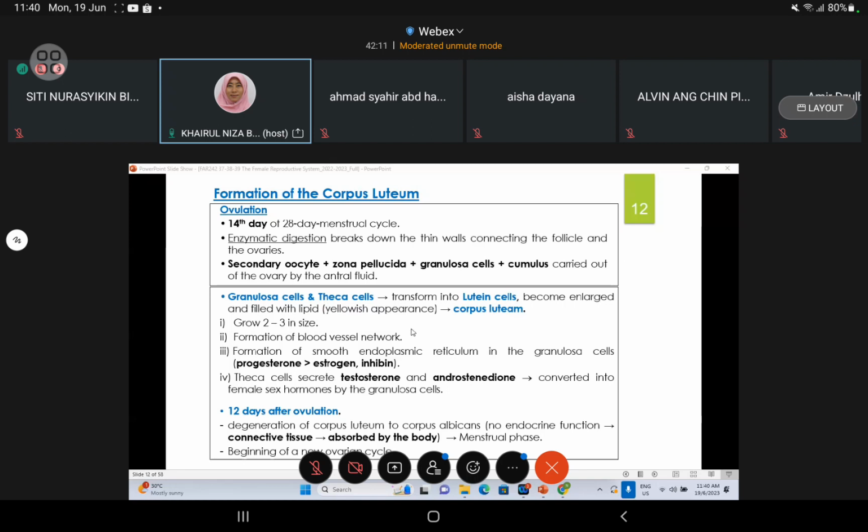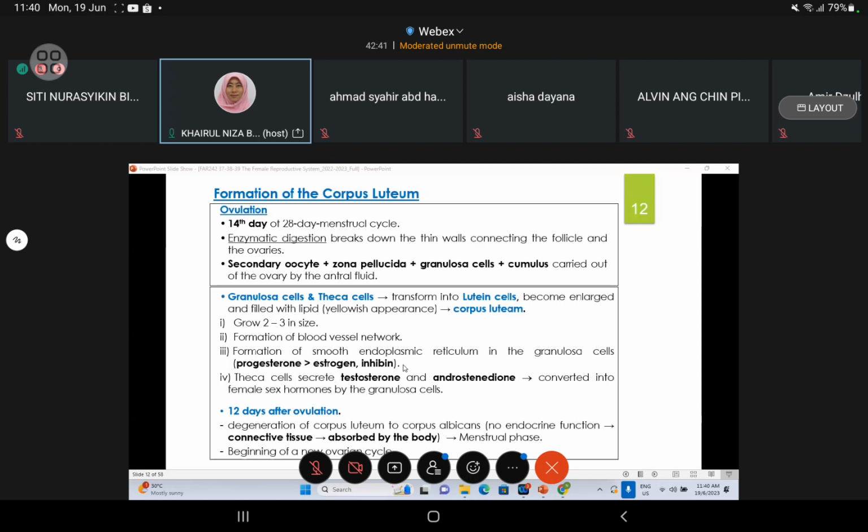There's also the formation of a blood vessel network, as well as smooth endoplasmic reticulum in the granulosa cells. And now it starts to secrete progesterone more than estrogen, as well as inhibin. Okay? And theca cells are the ones secreting testosterone and androstenedione, which will then be converted into the female sex hormones by the granulosa cells.